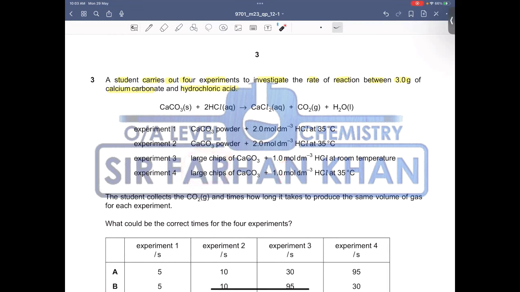And also, in experiment 3, we have a room temperature. Oh my goodness, that's the most important thing. Room temperature is basically 25 degrees Celsius. That is 298 Kelvin.